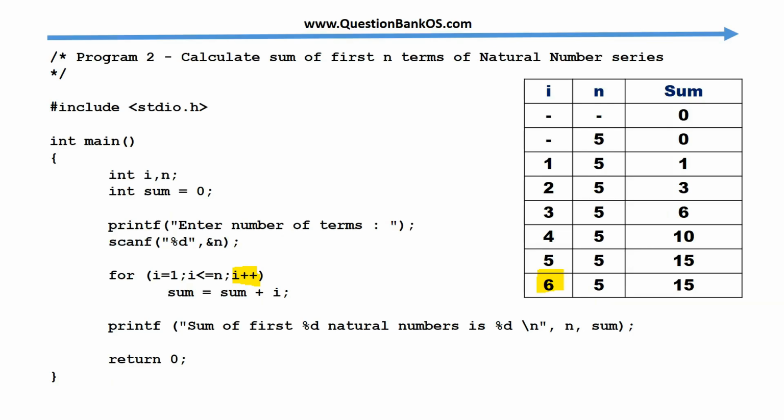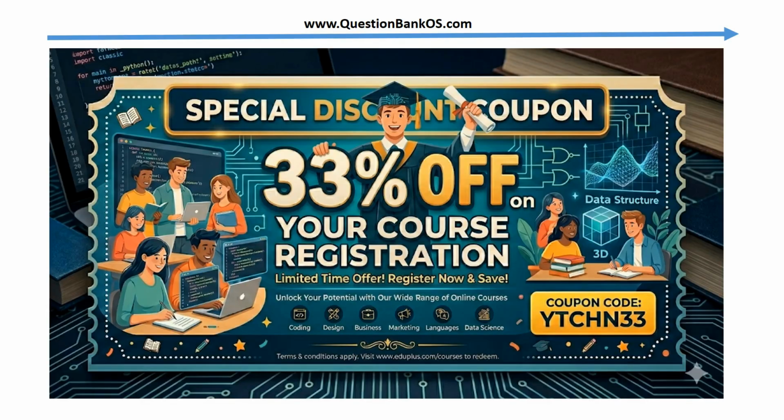The less than or equal to condition is not getting satisfied. So our final answer will be 15, and this answer will be printed on screen using a printf statement, and then our program terminates. So this is the way we can trace our program without actually executing it on machine.